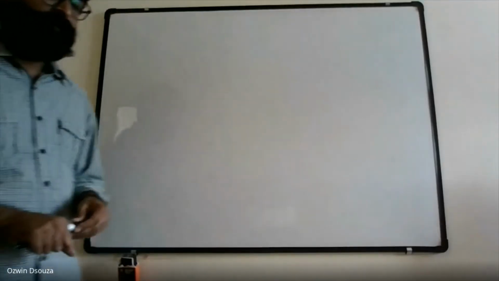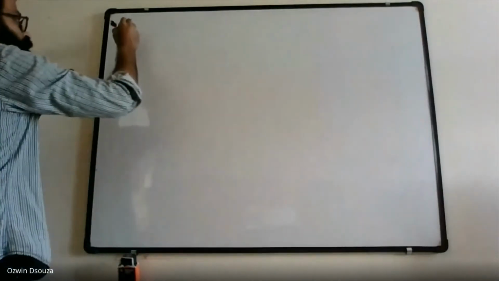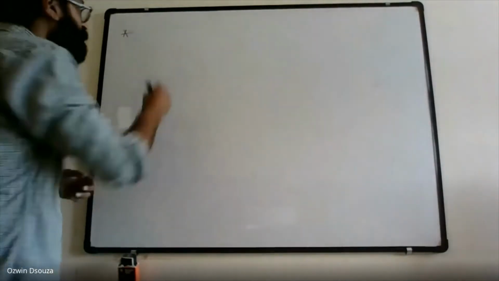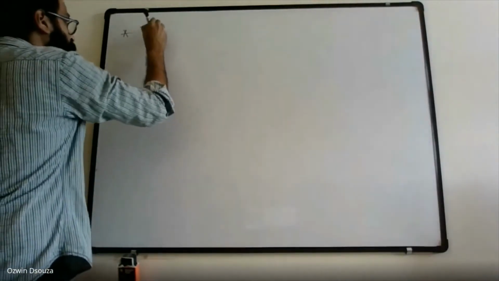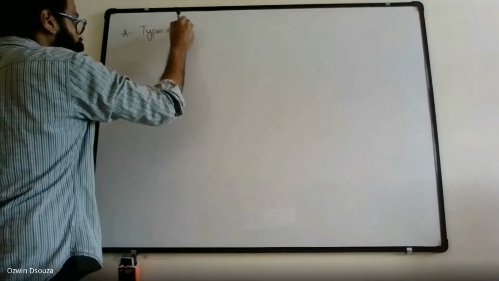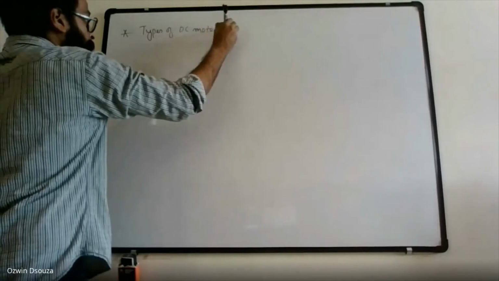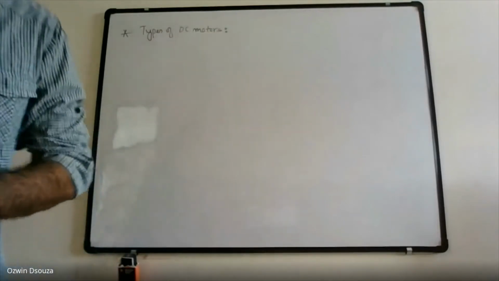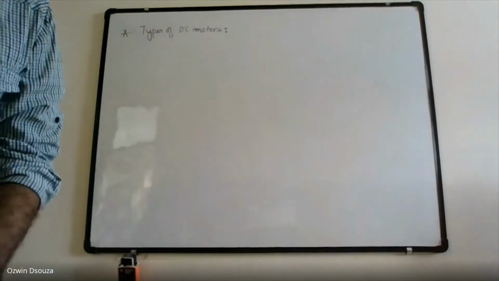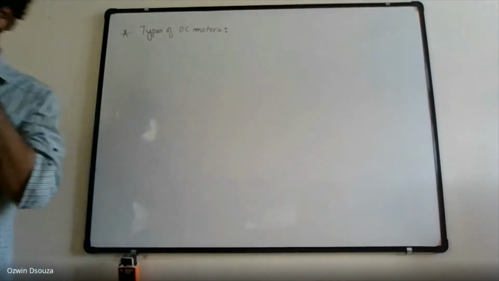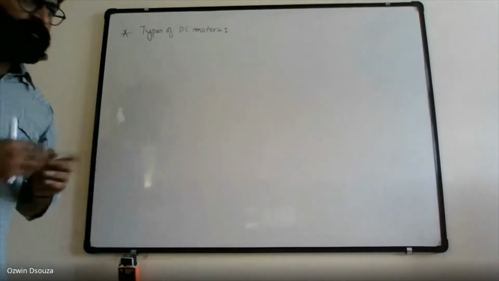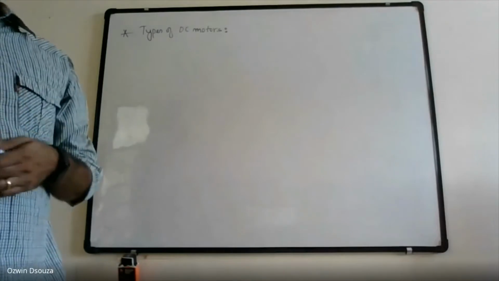Let's continue with DC motors. All right, so today let's take up types of DC motors. Types of DC generators we have already seen, so types of DC motors is not a new thing.